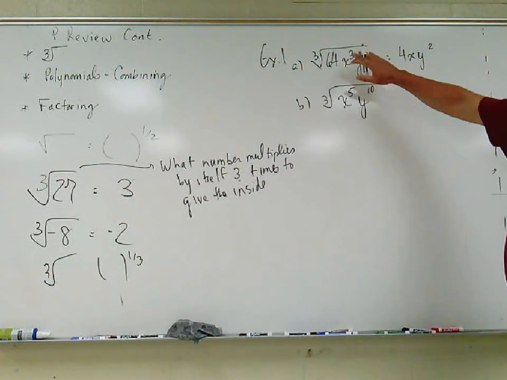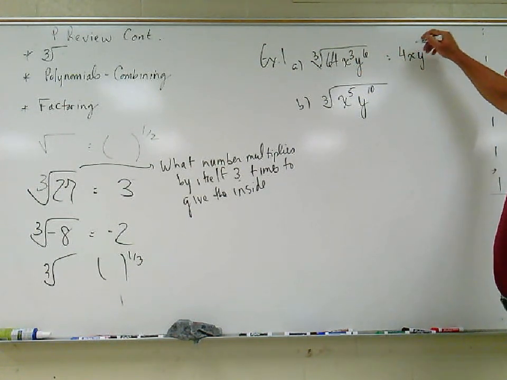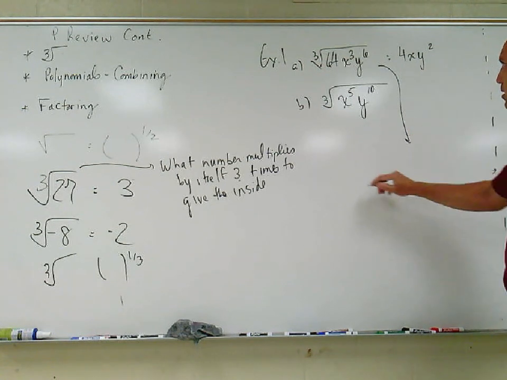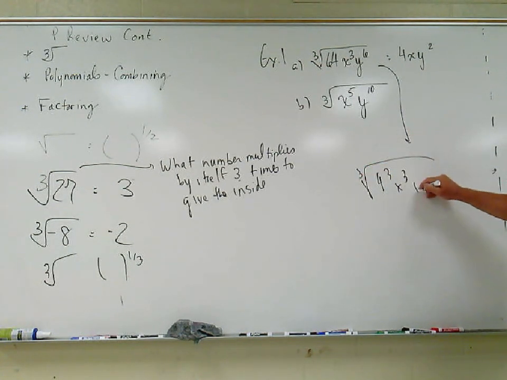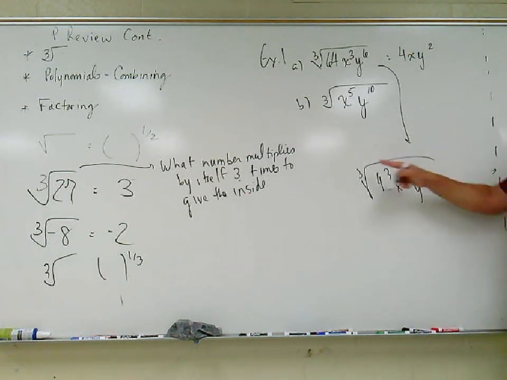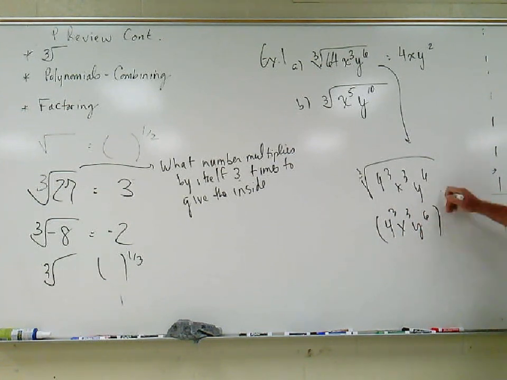So had you written each one of those like this, I had done 4 cubed, x cubed, y to the 6, and then I can raise this to the 1/3, it's the same thing. And then I can use my properties of exponents that we did yesterday.